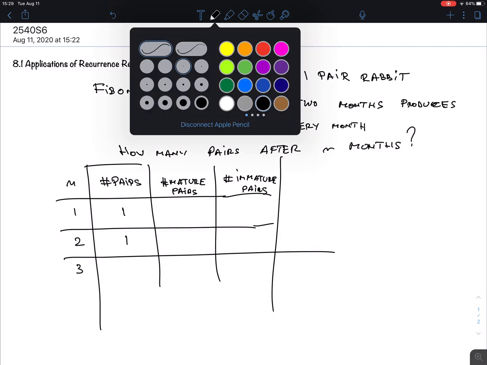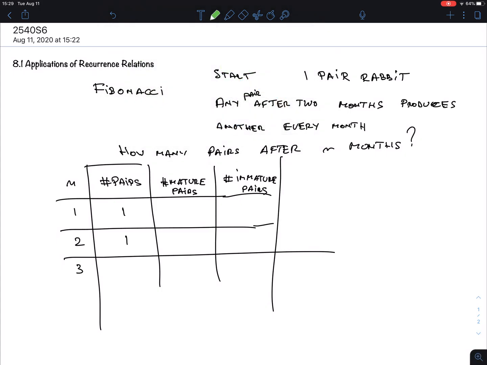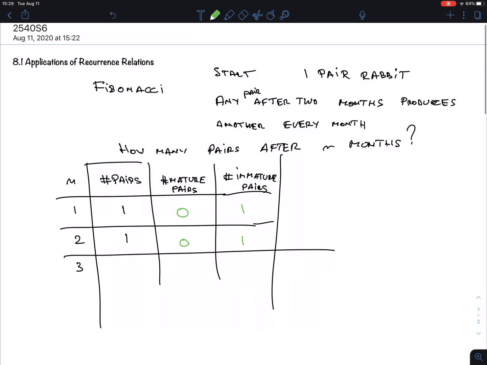Originally we have 0 mature pairs and 1 immature. Immature means it cannot produce yet, right? And same in the next month. But in month 3, our first pair becomes mature, and it produces another pair, which of course is immature.